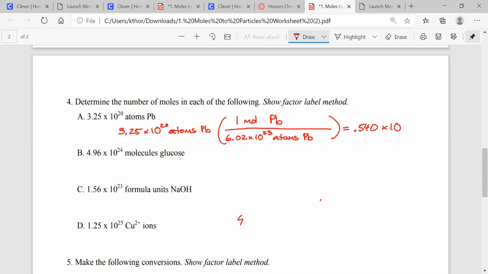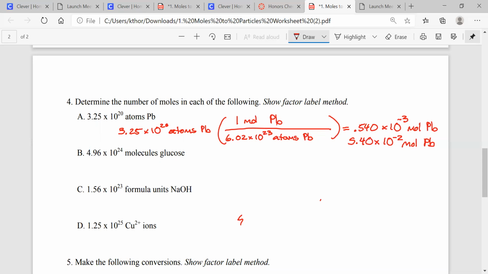Let's see, we have 20 minus 23. 20 minus 23 is going to be -3 moles of lead. I need to fix that scientific notation. It's going to be 5.40 times 10 to the -2 moles of lead.